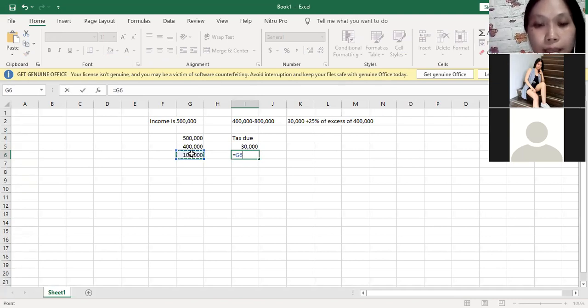100,000. And then you have to get the times. Naglibog ko sa akong keypad.